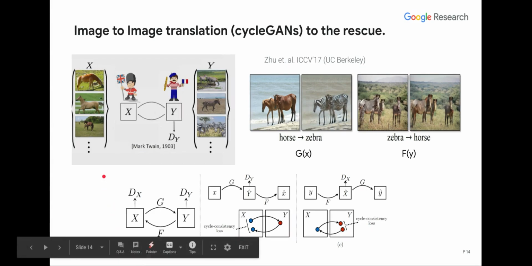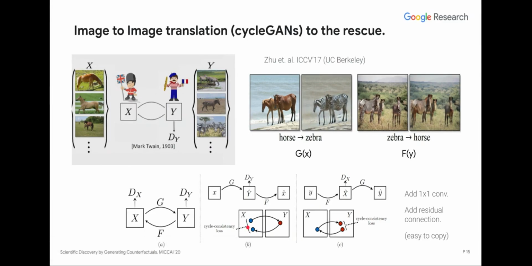Here, for example, from horses to zebras. The cycleGAN model incorporates a cycle consistency loss, which essentially means that when an image is translated from a domain X to a domain Y, and then translated back to the same domain X, then the original input and the generated X should be identical. This is termed the cycle consistency loss.